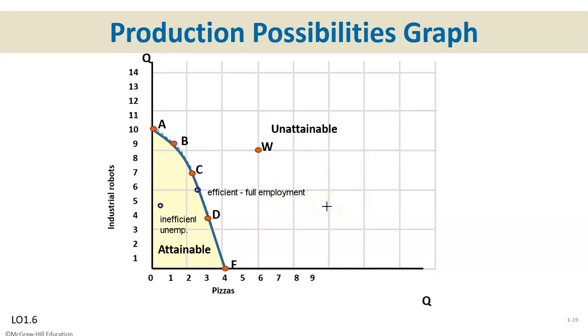Unemployment means that some of our resources are not being used. So we have some workers that aren't working, we have some capital, maybe there's a factory that's not being used. So remember, inefficient goes with unemployment, and efficient means that we have full employment and we're using all of our resources to the best of our ability.